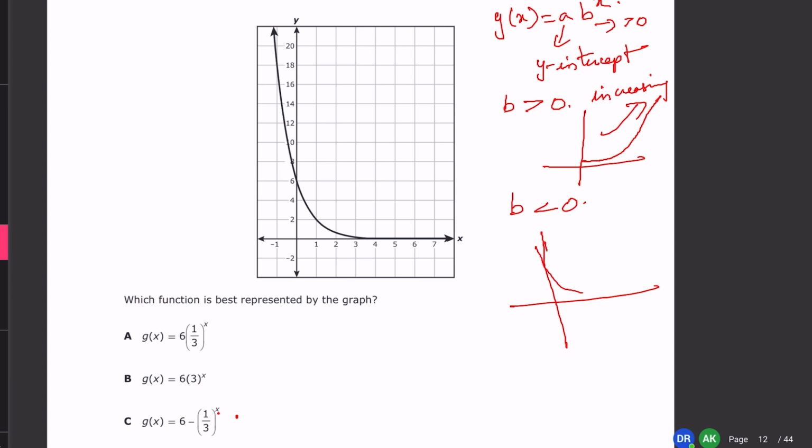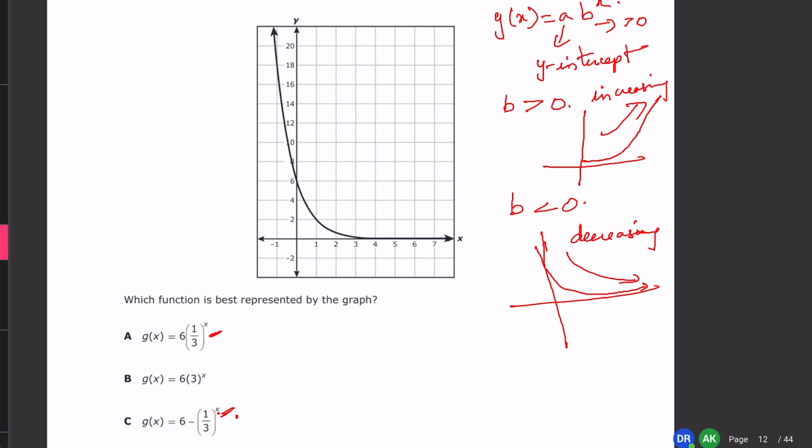It is decreasing in this way. So the first option which we can see over here is b less than 0. In which options is b less than 0? It is in either A or in C.